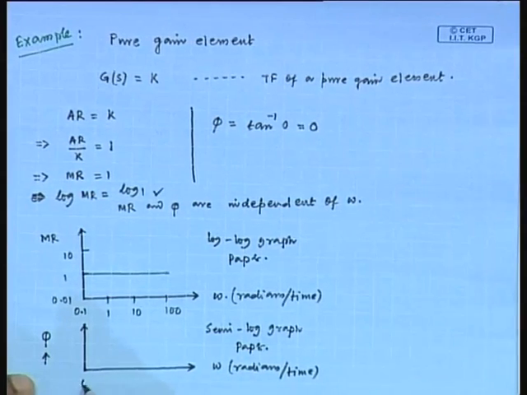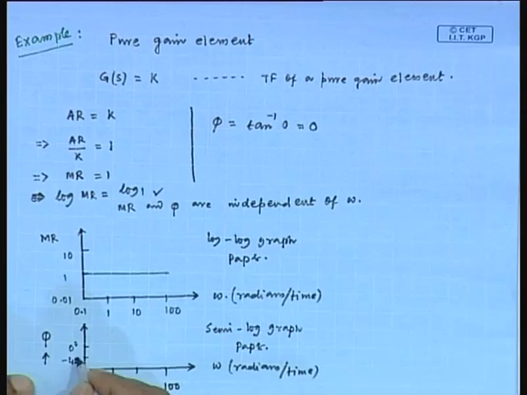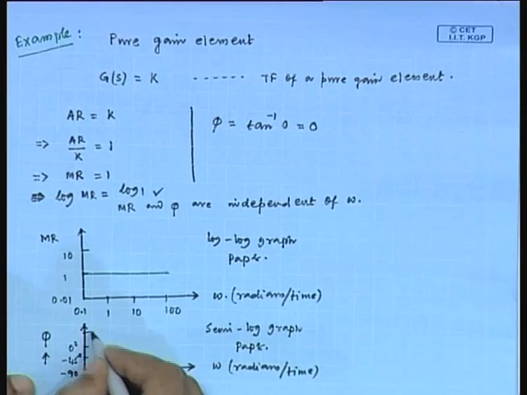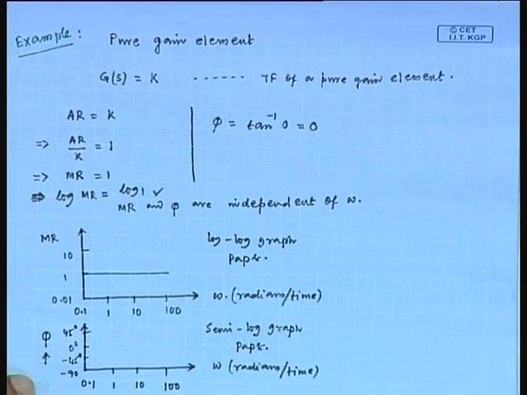So, first we will consider the axis. This is suppose 0 degree, this is minus 45 degree, this is minus 90, this is 45 degree, and it looks like this.